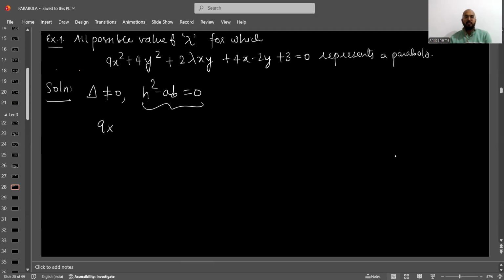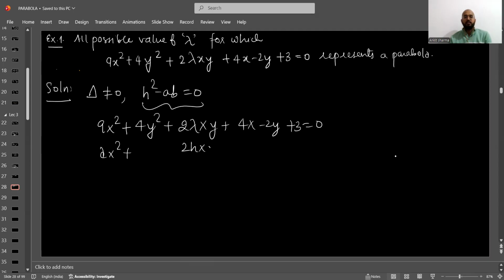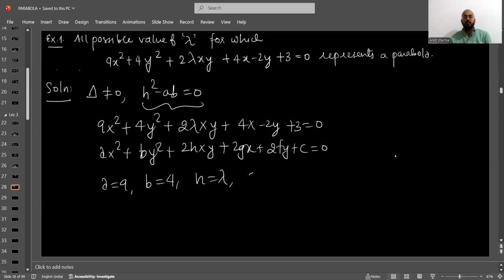So we have 9x² + 4y² + 2λxy + 4x − 2y + 3 = 0. Comparing with ax² + 2hxy + by² + 2gx + 2fy + c = 0, we get a = 9, b = 4, h = λ, g = 2, f = −1, c = 3.